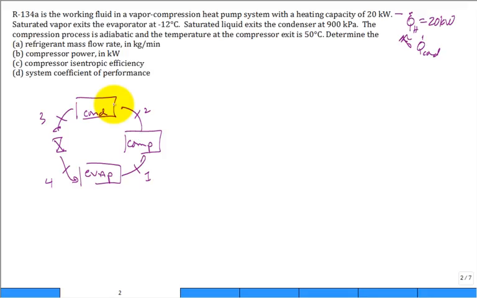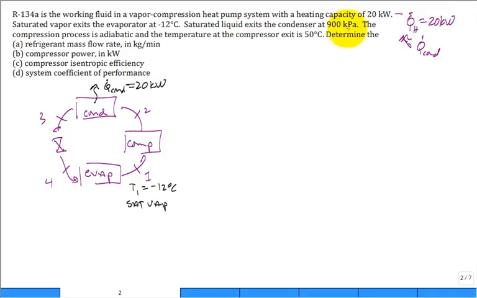And so we know what this one is right here. Q dot in the condenser is 20 kilowatts. And they say that the saturated vapor exits the evaporator at -12. So here T1 is -12 degrees C, and it's saturated vapor exiting.